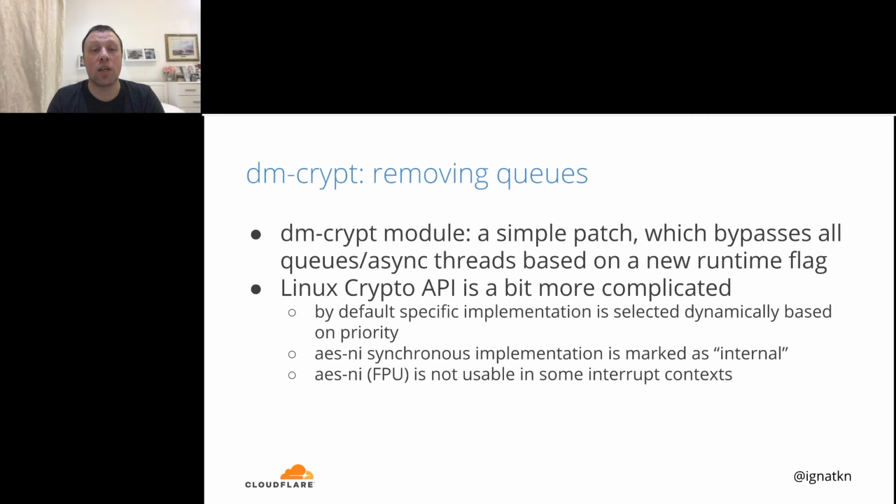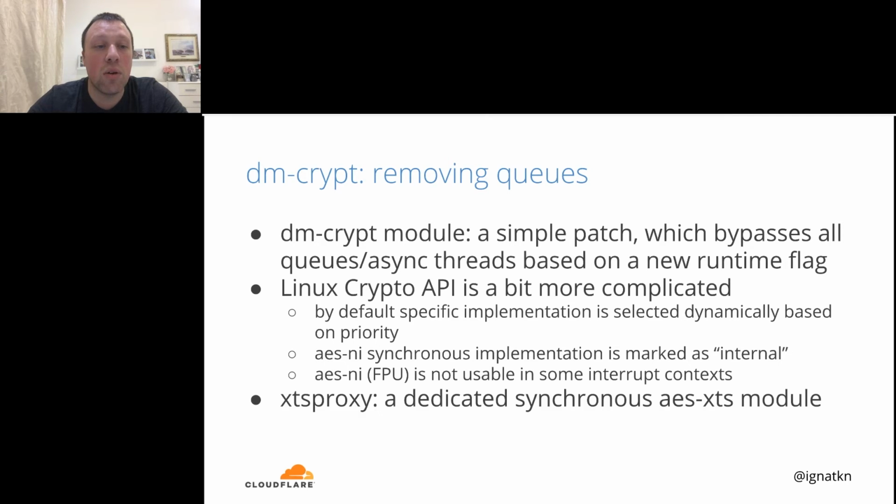But in some rare cases, the FPU is not available in some interrupt contexts, and if we do fully synchronous processing, we may end up in an interrupt context when we do reads from the disk. But it's very rare.